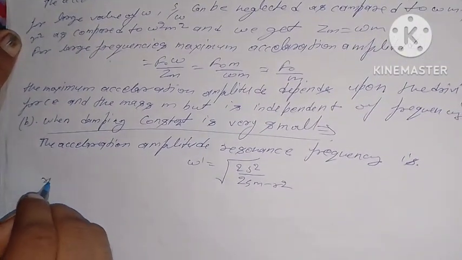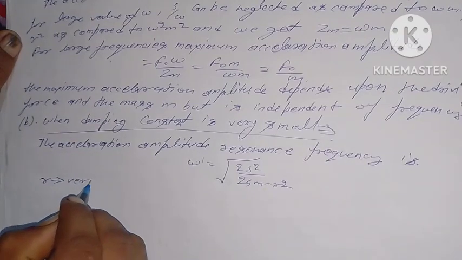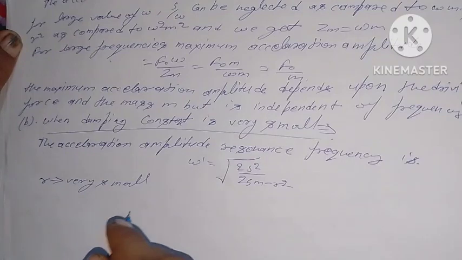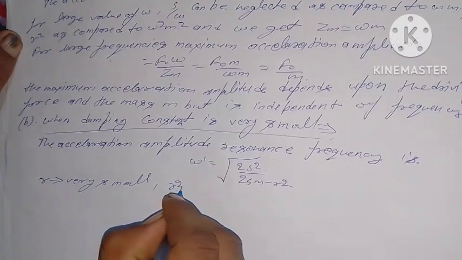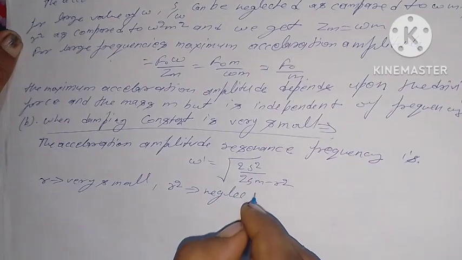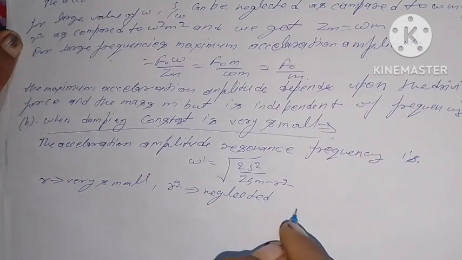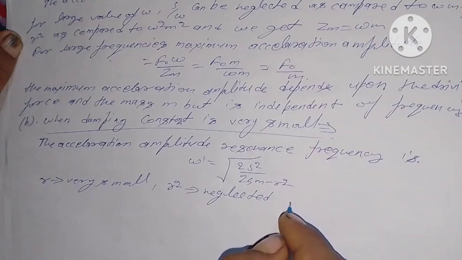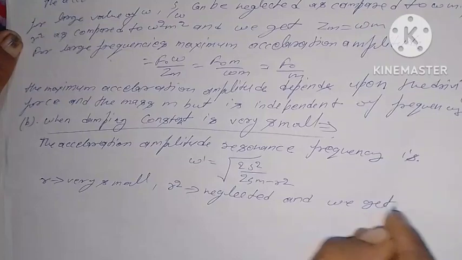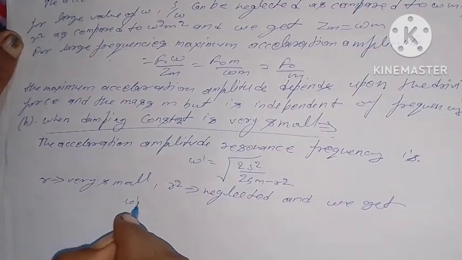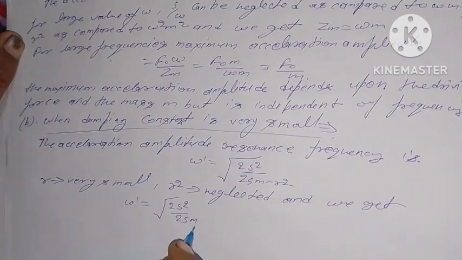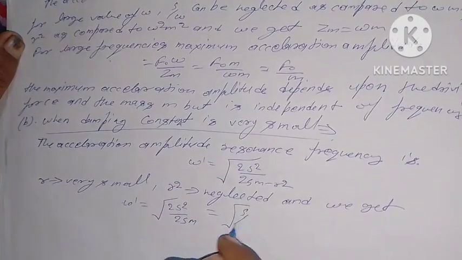When damping constant r is very small, then r square can be neglected as compared to 2sm, and we get omega dash equal to under root of 2s square by 2sm, that is under root of s by m.